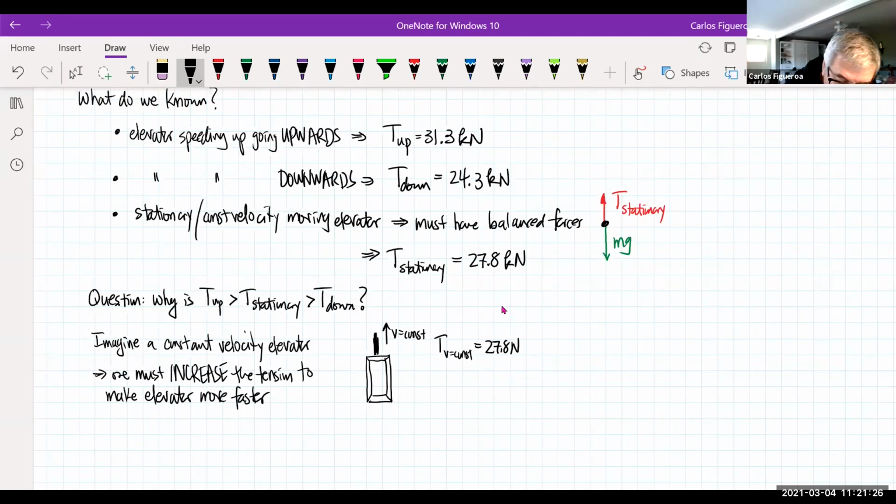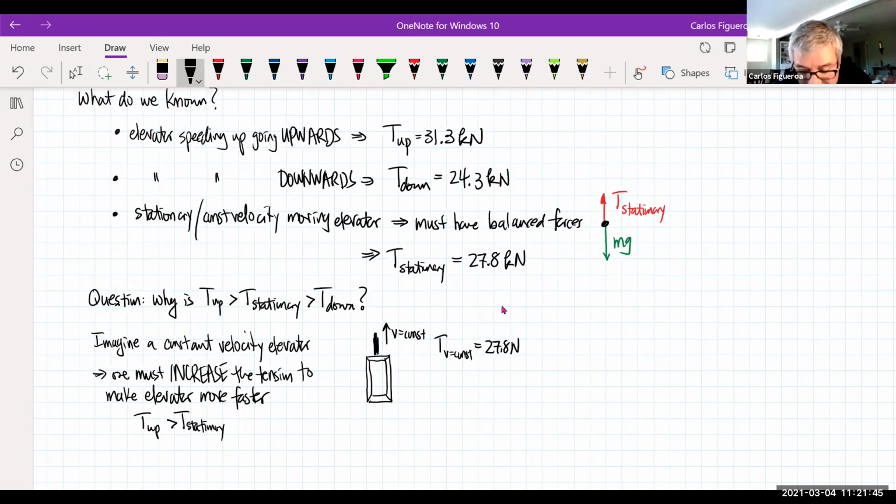And that's exactly what you see here: the tension going up is greater than the stationary. And that's the only way that you can make it go faster.